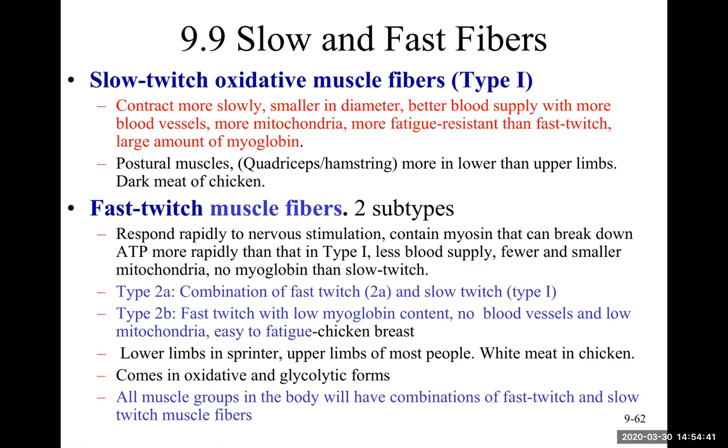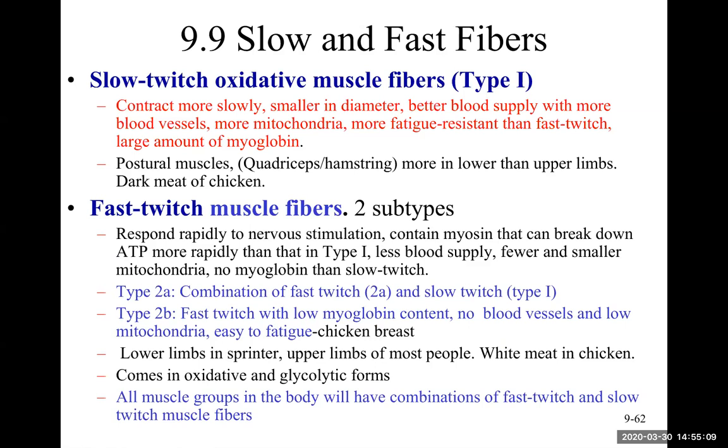Slow twitch fibers contract more slowly. That's a disadvantage. They're smaller in diameter, so they're usually not as strong, but they have better blood supply, more blood vessels, more mitochondria, and a lot of myoglobin. Because they have more mitochondria, myoglobin, and blood vessels, they're also more fatigue resistant.